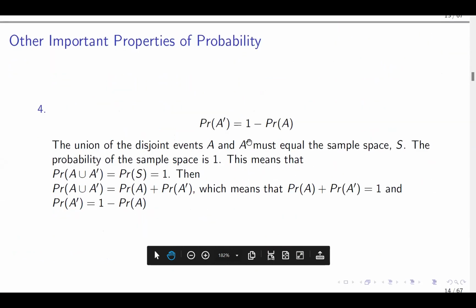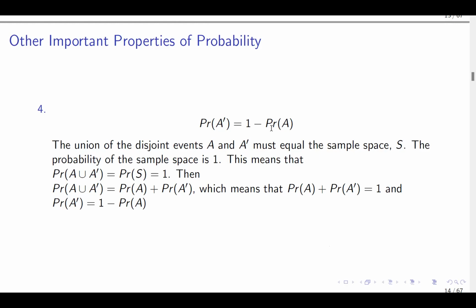The fourth one is that the probability of the complement of a set is equal to 1 minus the probability of that set itself. The union of the disjoint events A and A complement must equal the sample space. So once you find the probability of A, the complement of it is the remaining aspect of the total probability, which should sum up to 1.